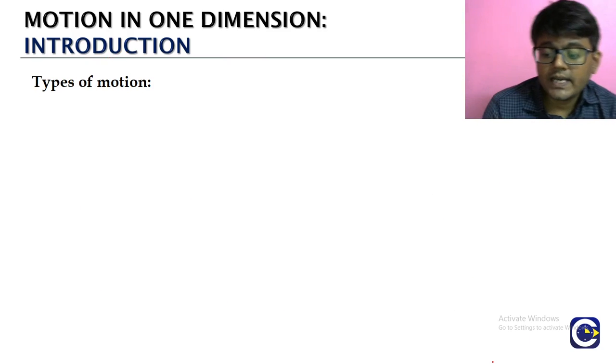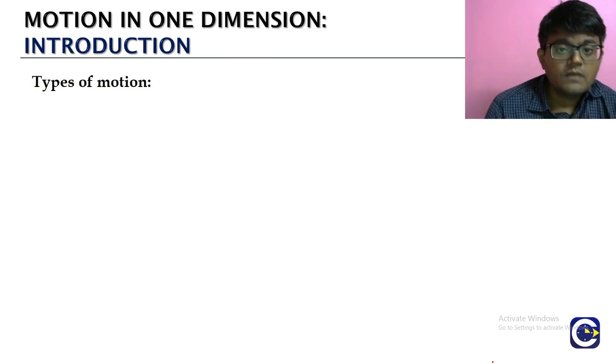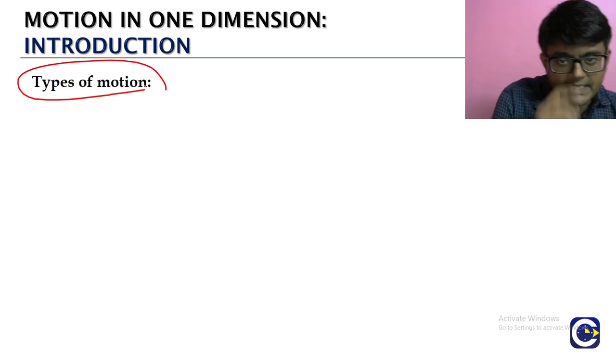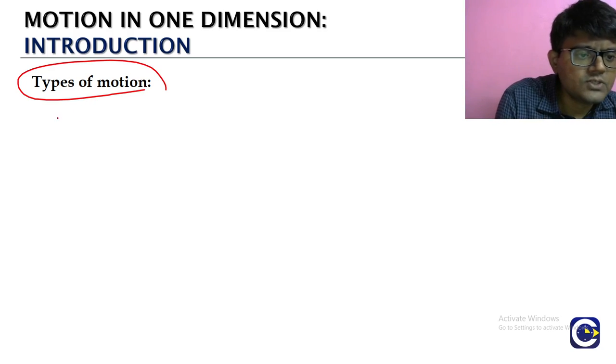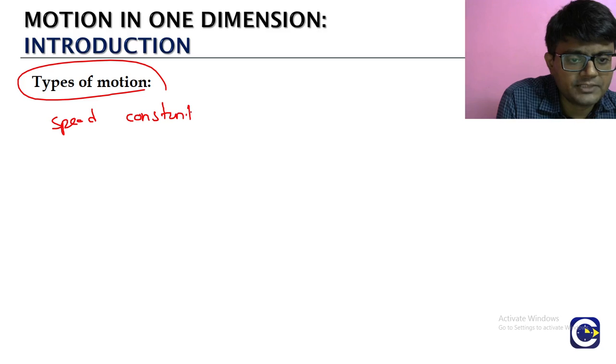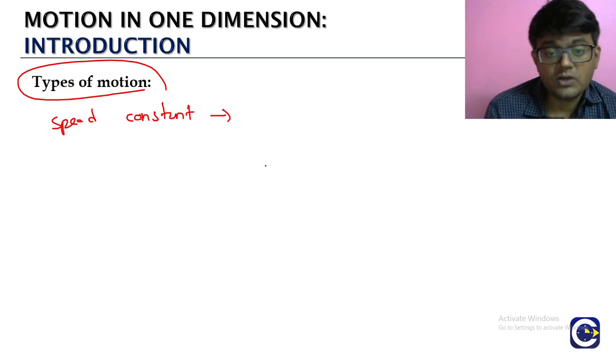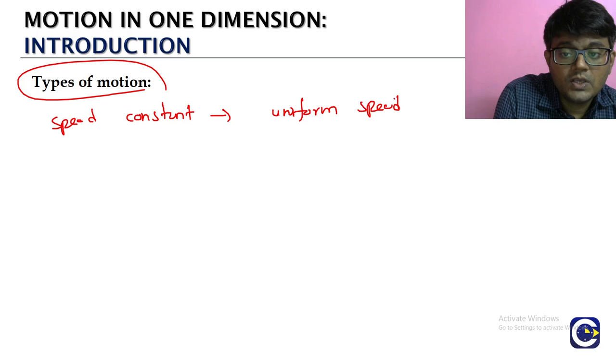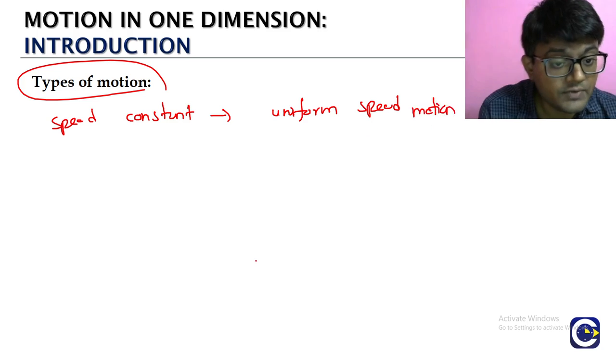Now when we look at the motion, we'll generally divide the motion into some types or categories. If the speed is remaining constant for any object, we will call it a uniform speed. The word uniform represents same.